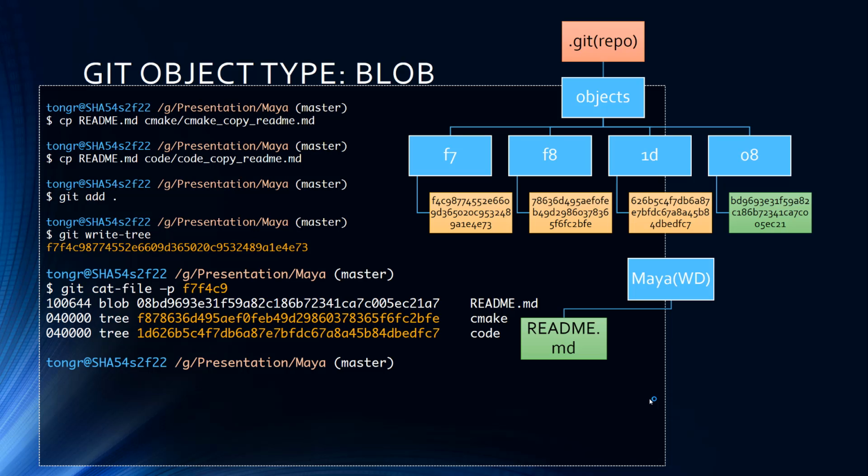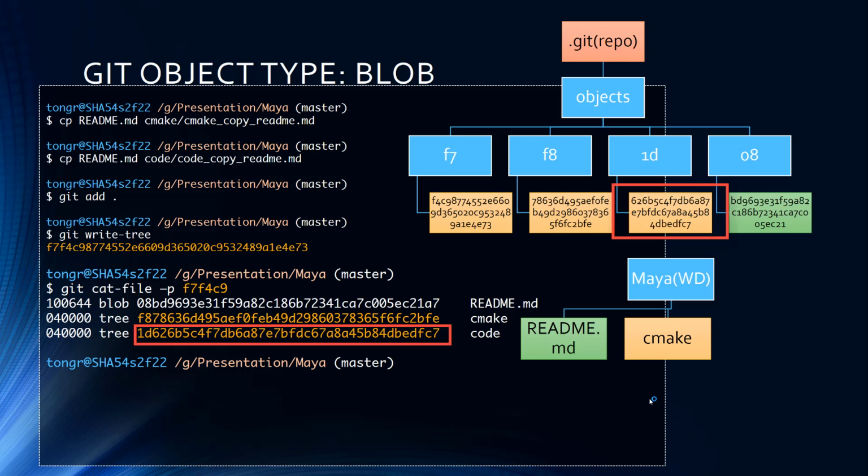Besides, we have a tree object saved as blob in the repository. The tree's name in the repository is f87863, and the corresponding directory name on the working directory is CMake. The same way to the tree 1d626b. Continue to check the content of the two trees.